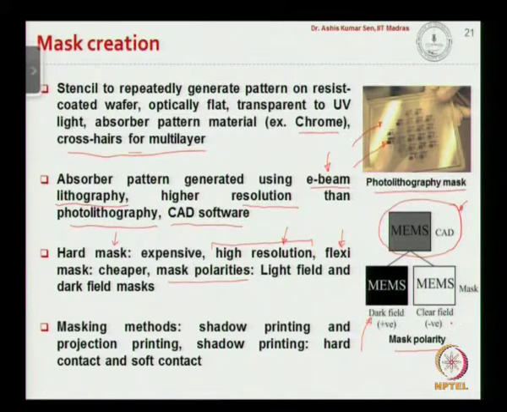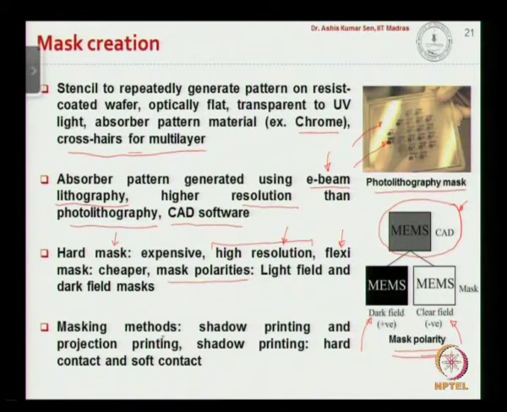On the other hand, if you ask for a clear field mask, this is what we get, the patterned areas become opaque to light. So, this is very important to understand when we design a mask, and we ask a vendor to print this mask. It is very important to mention whether we are going to print it as dark field or as clear field. Okay.